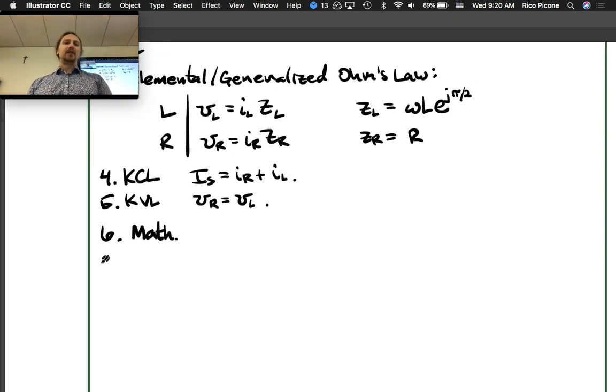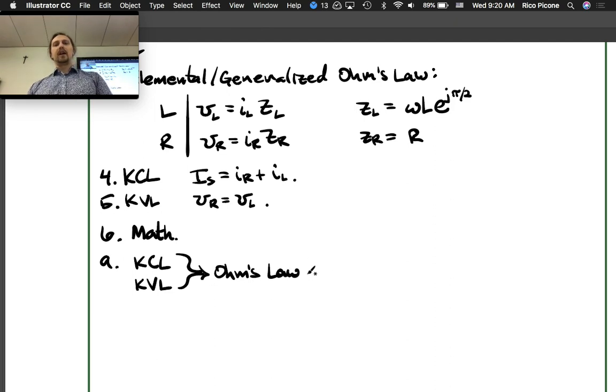Let's choose to, I'm going to write it like this. So we do KCL and KVL, and we're going to take those and put them into the Ohm's law equations, and by doing this, we're going to eliminate 2 variables.